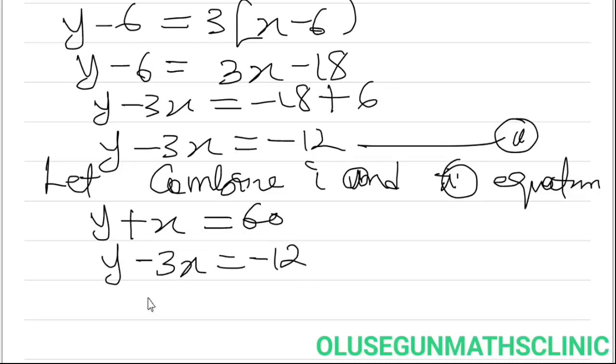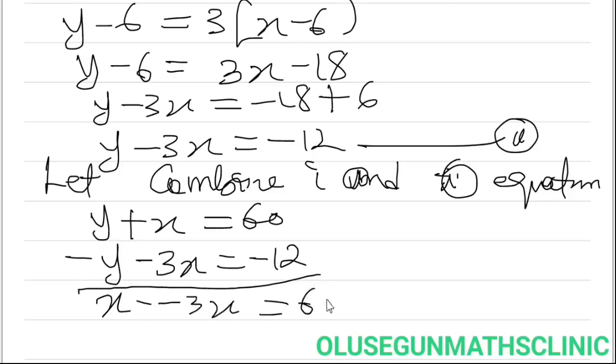So let's subtract the equations from each other. y minus y gives us 0. So x minus 3x gives us 60 minus 12. So therefore, x plus 3x is equal to 60 plus 12.